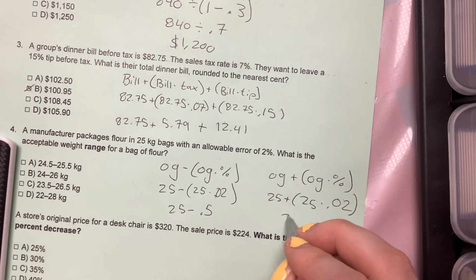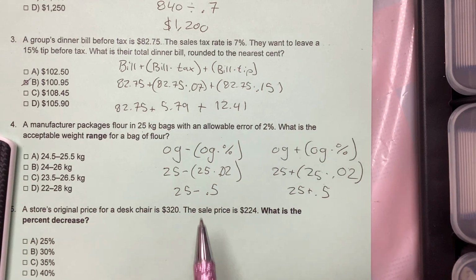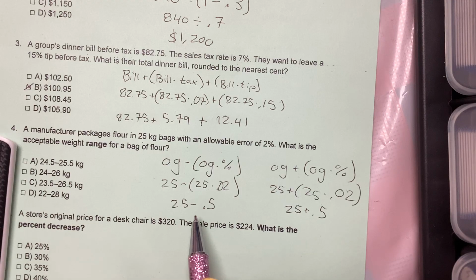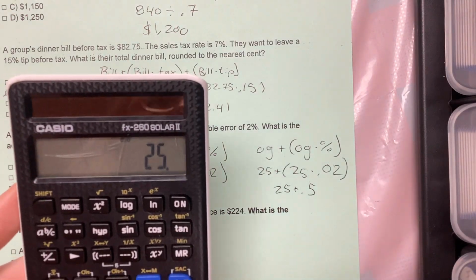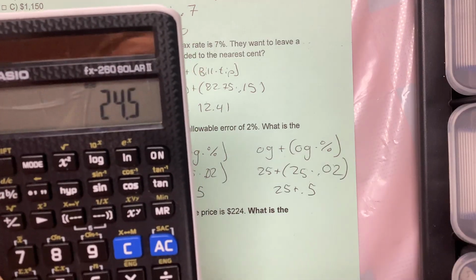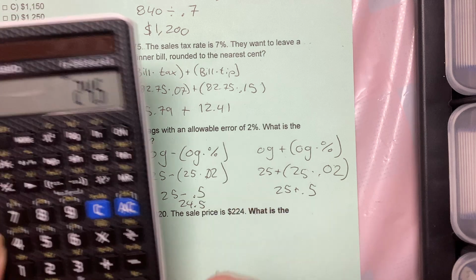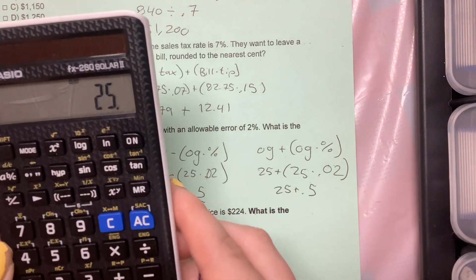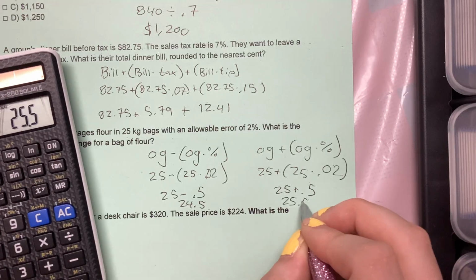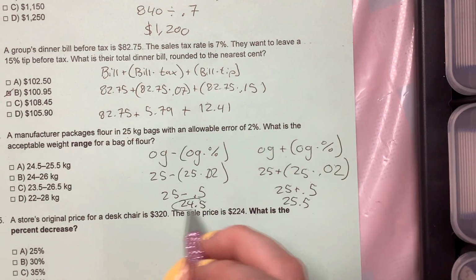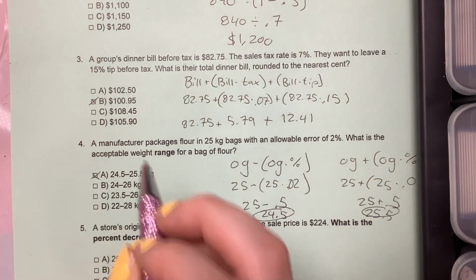And over here is 25 plus 0.5. If you don't know how to do this in your head, that's totally fine, please do it on a calculator. You'll get 24.5 as your first number, and then 25 plus 0.5 is just 25.5. Here are your two numbers. Okay, so that'll be A.